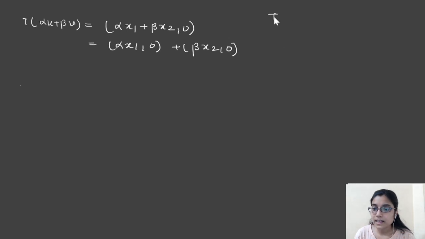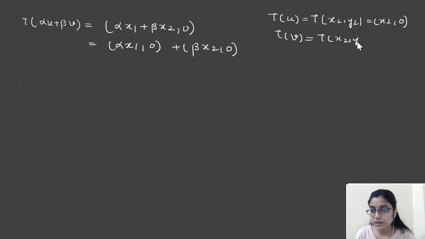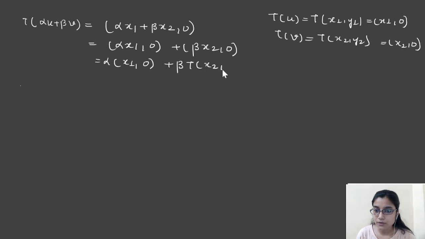Now you see that t of u, that is t of x1 comma y1, is equal to x1 comma 0, and t of v, that is t of x2 comma y2, is mapped to x2 comma 0. So we will directly use this. I can write it down, alpha times x1 comma 0 plus beta times x2 comma 0.